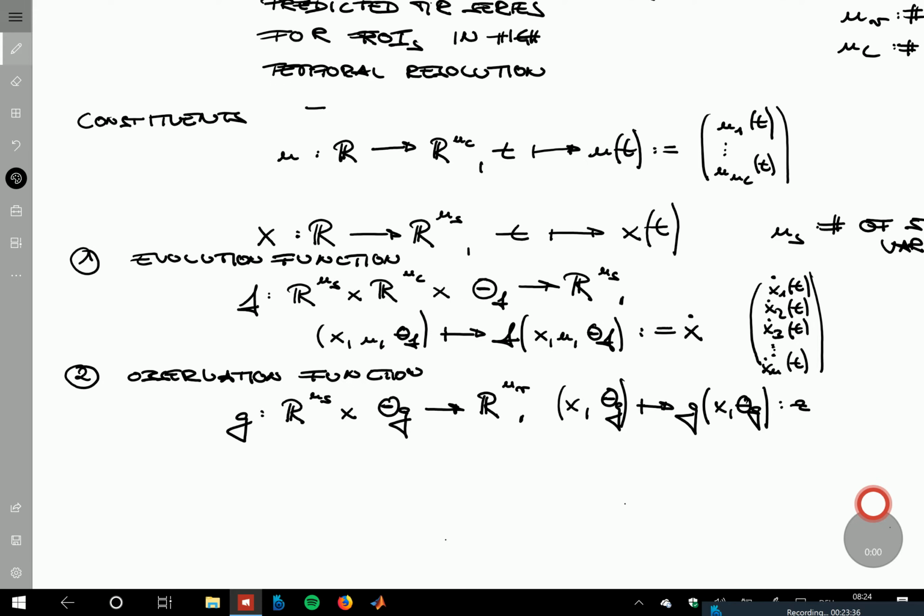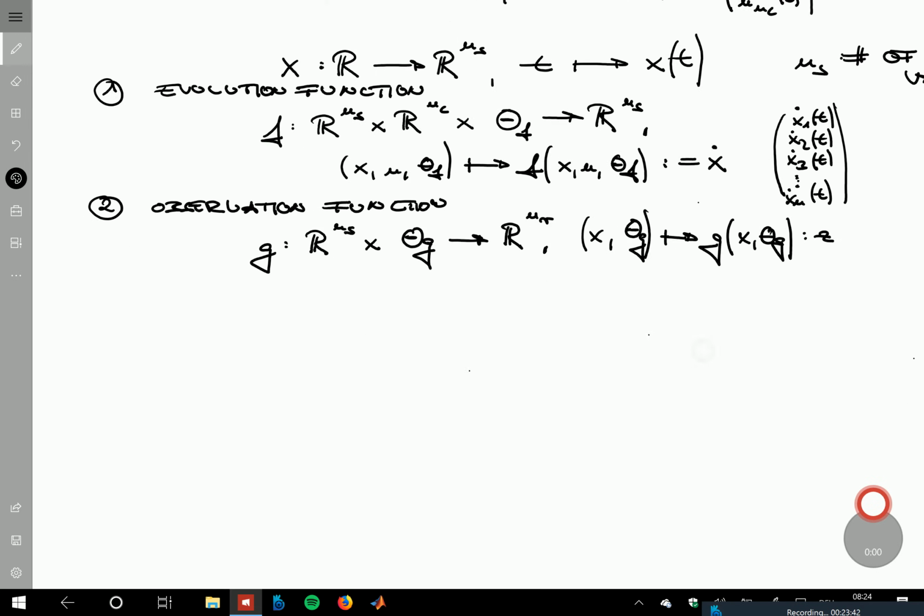Good, that doesn't seem to be the case. Then we can zoom in even further and now first talk about the evolution function in more detail. So the evolution function is interesting.